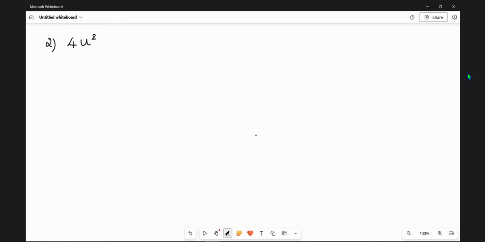4u square plus 8u. Can I use middle term splitting here? Common term. What common can I take? 4u.